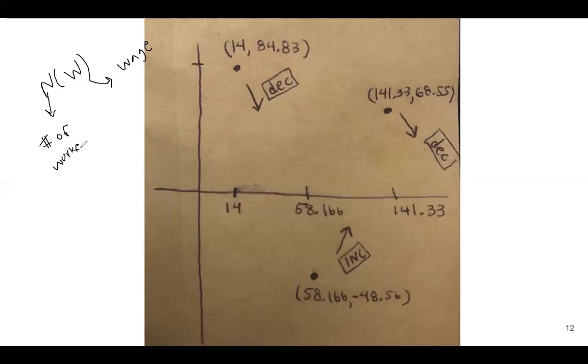Therefore, it's basically (W, N). So $14 an hour wage, number of workers. This is going to be a wage of $58.166 per hour with a negative amount of workers. Of course, this point wouldn't make sense.